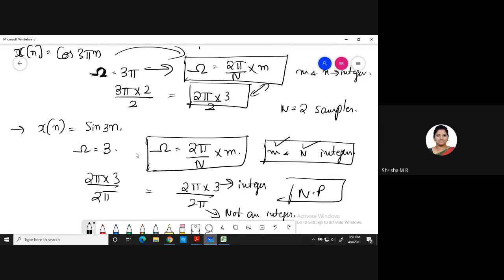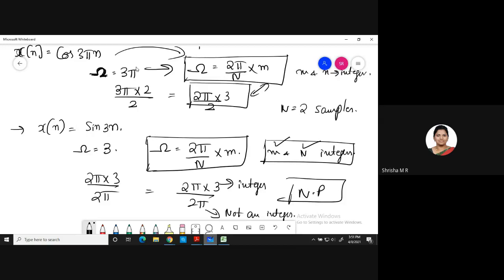Do you follow now? So if you have omega in the function in the form of pi, then the signal will be periodic.